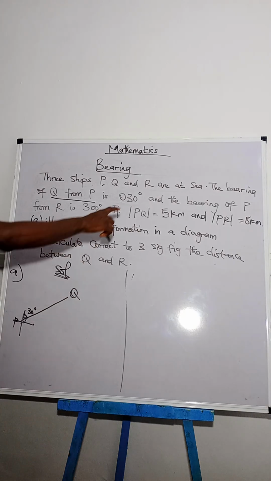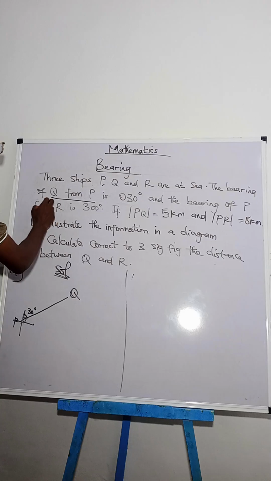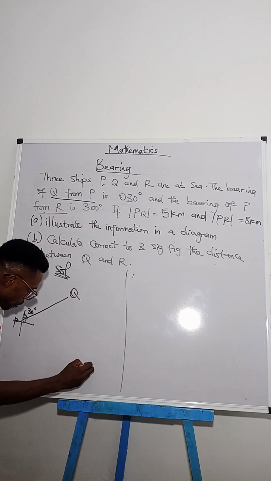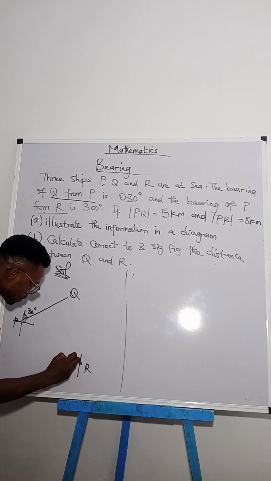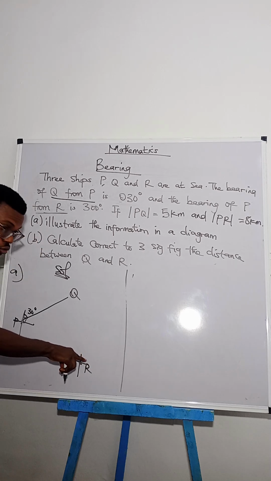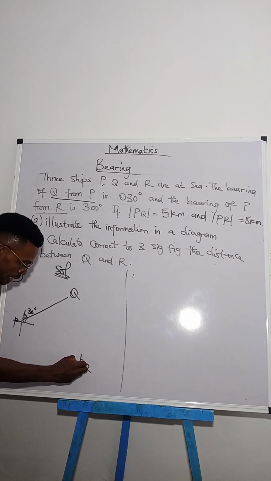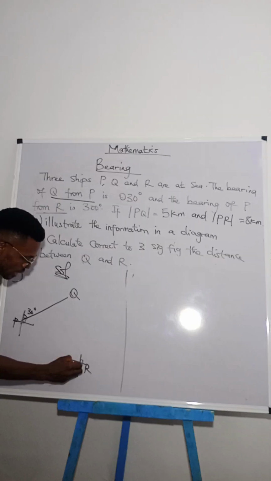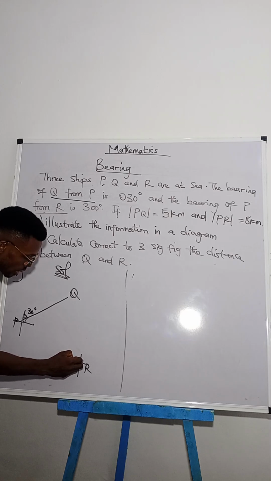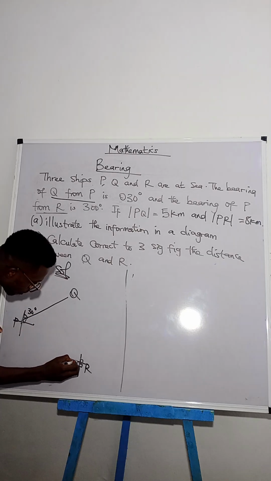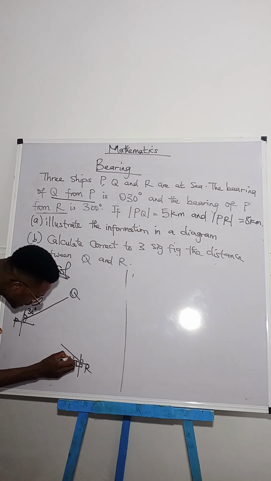Now, the bearing of P from R is 300 degrees. So this will be my point R, the starting point, 300 degrees. Remember from north in the clockwise manner. This is 90, another 90, 90 plus 90 is 180, another 90, 180 plus 90 is 270. And 270 away from 300, what is left? 30 degrees. So I'm going to add a small 30 to it.